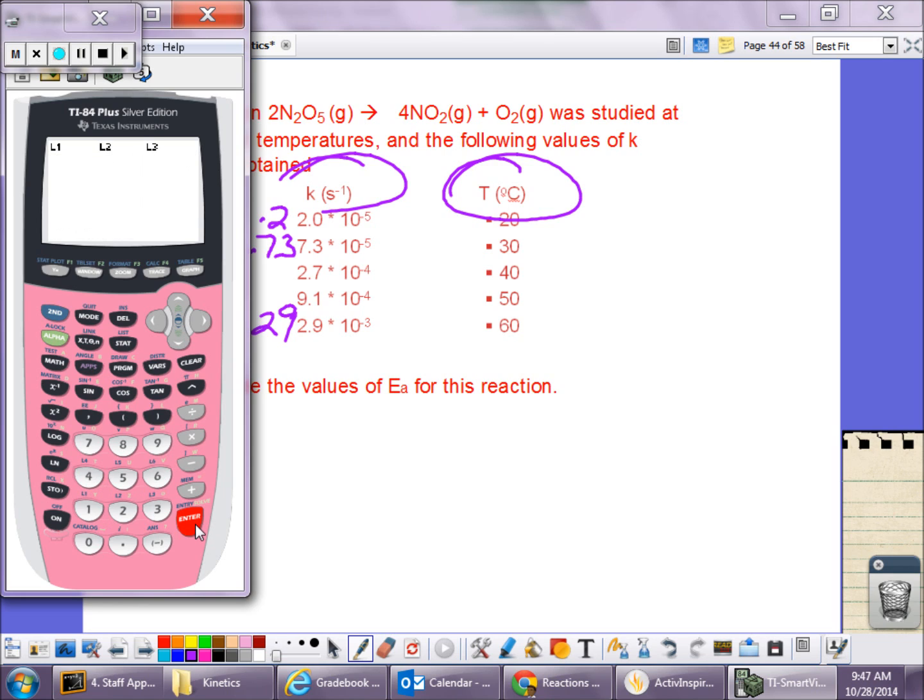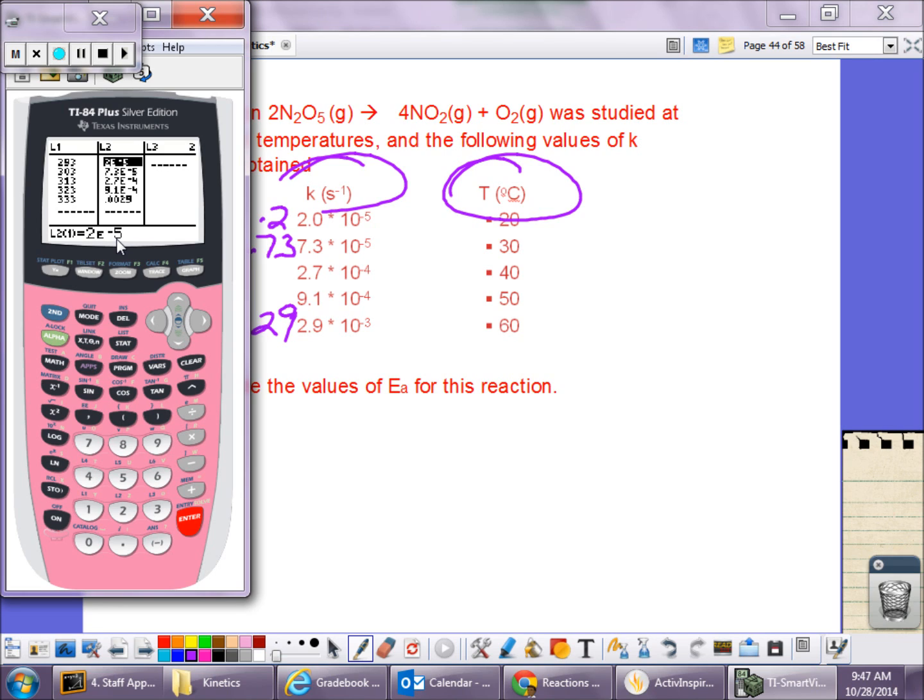We are telling the calculator to take everything in L2 and make it times 10 to the -4. Is that right? Enter. It's -4, not -5. Okay, all right. I thought I had what you had typed here.